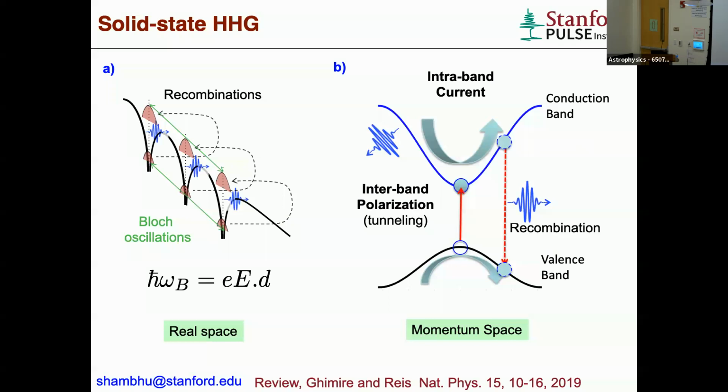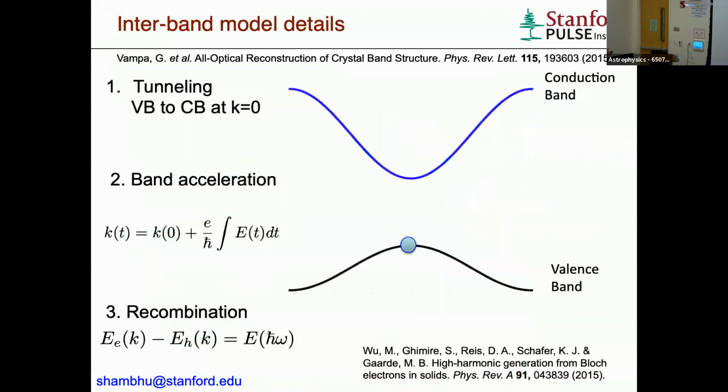One is that this nonlinear driven current in the band could radiate high frequency photons, and the other is the recombination of this electron with the hole could also release this difference energy in the form of high energy photons. So we can look at this in more detail so everybody can understand.